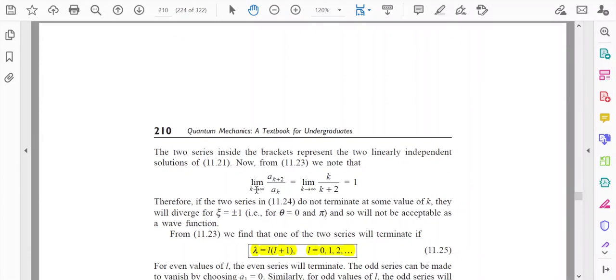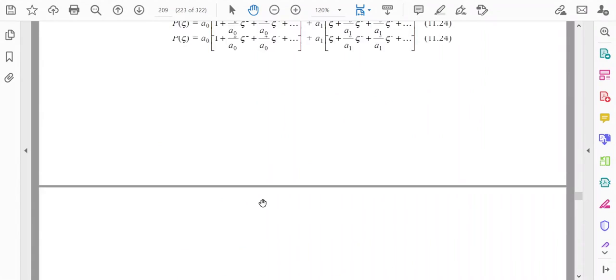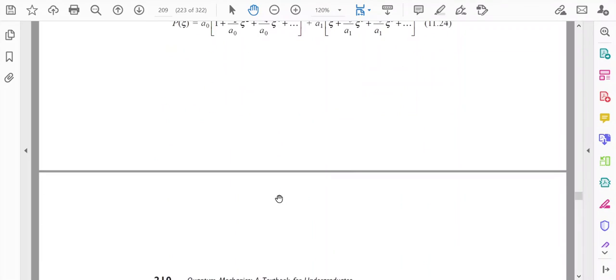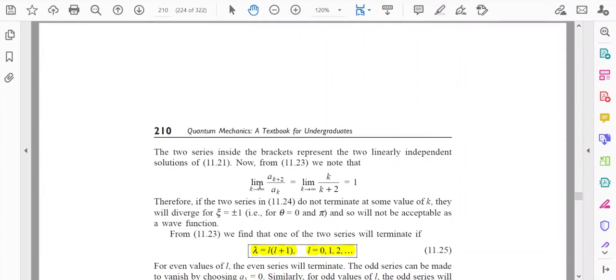And we can note the limit as k tends to infinity of a k plus 2 divided by a k. If we evaluate that limit, you can take k plus 1 common from both the numerator and denominator. Then if you set the limit k tends to infinity, you can easily show that a k plus 2 by a k will be the limit of k by k plus 2, which is equal to 1.